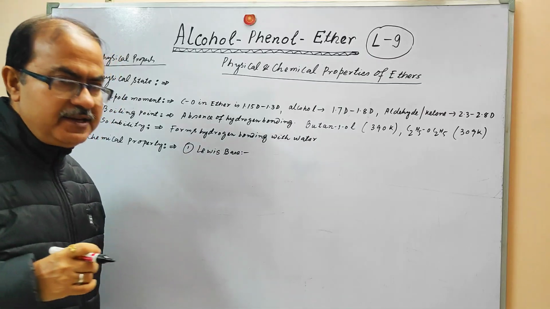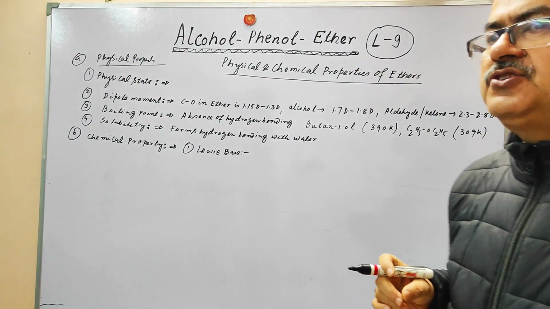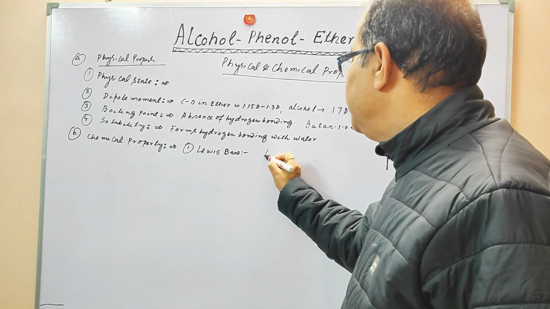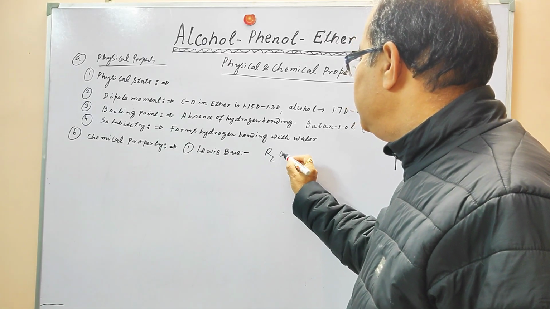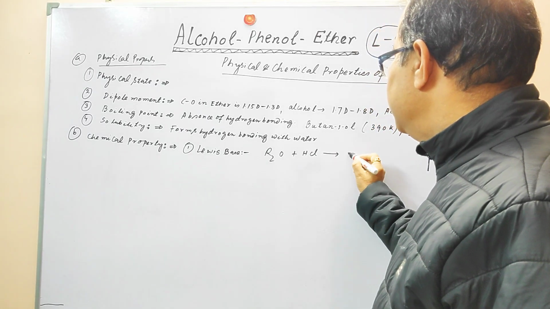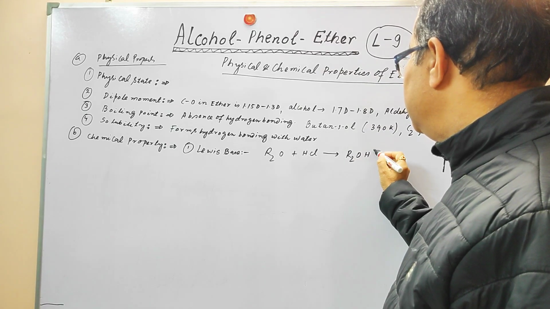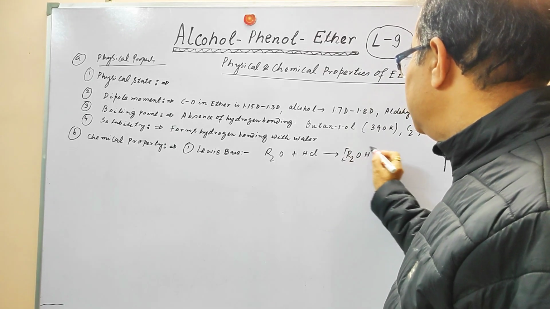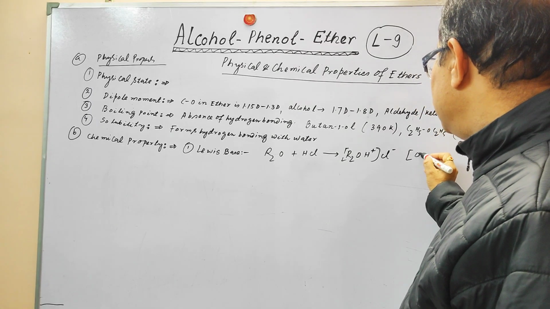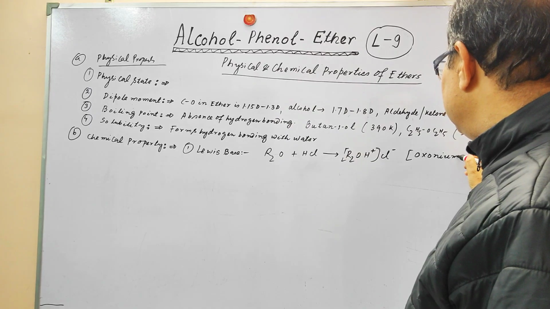It has been observed that it dissolves in acids like HCl. So ether with HCl is going to form this product. This is called oxonium salt.